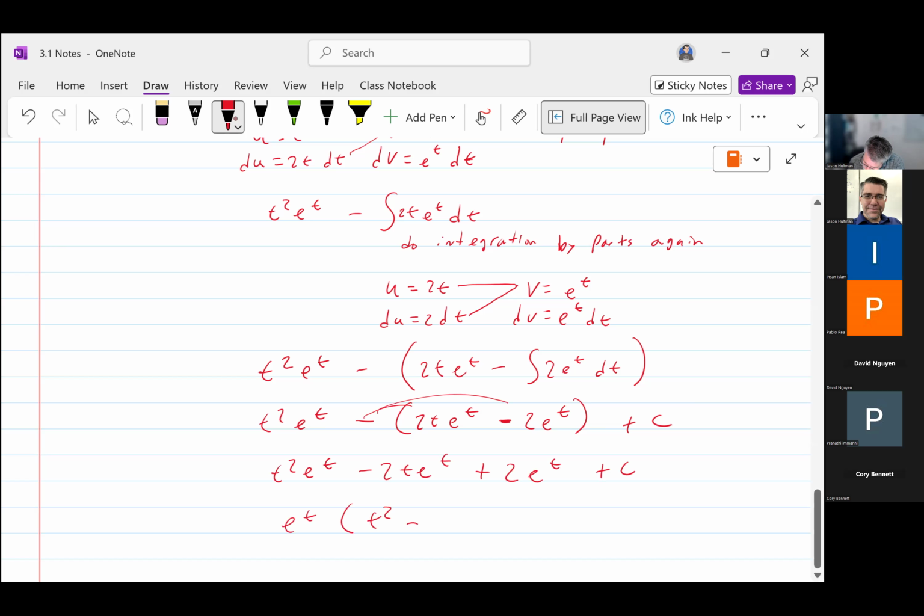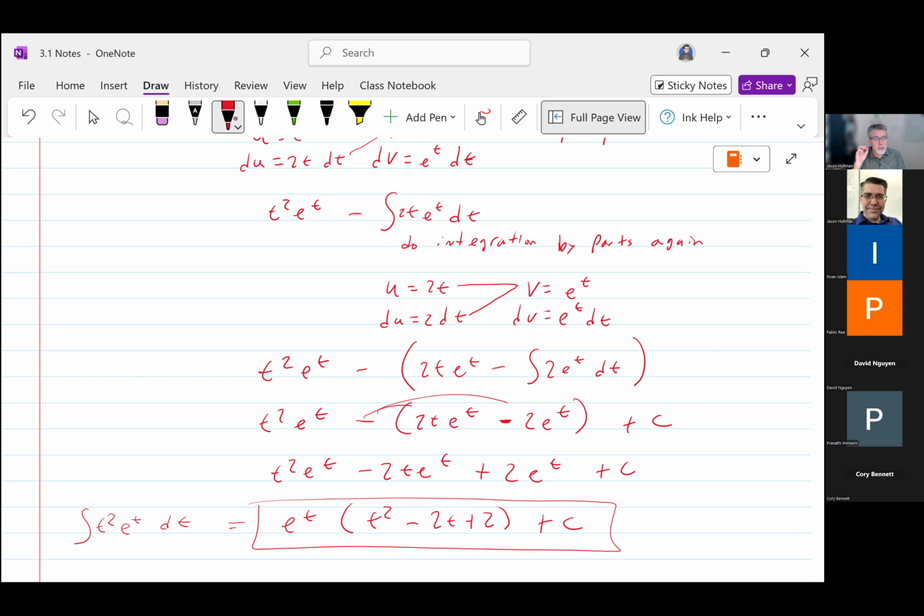I get e to the t times t squared minus 2t plus 2, plus c. And what was that equal to? That was the integral of t squared e to the t dt. So we had to end up doing integration by parts twice, but we were able to cut that algebraic polynomial down from t squared down to t and then down to 2.